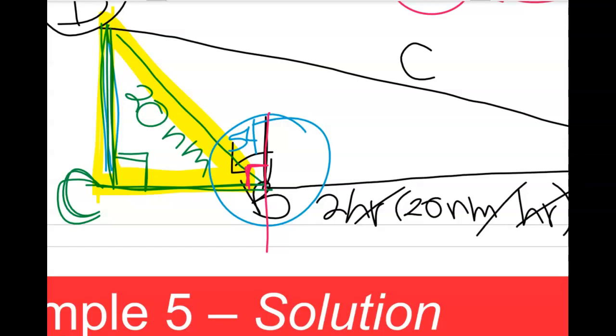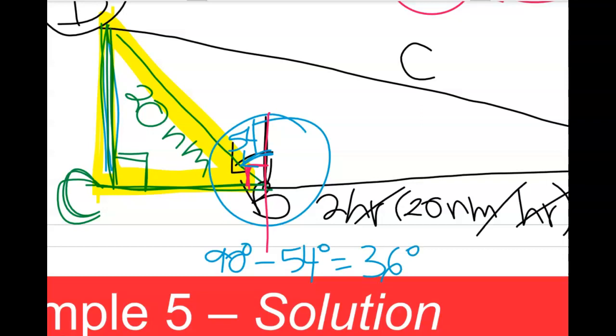So that is a right angle, and if this little part is 54, we could find the complement, so 90 minus 54, that will give us 36 degrees.